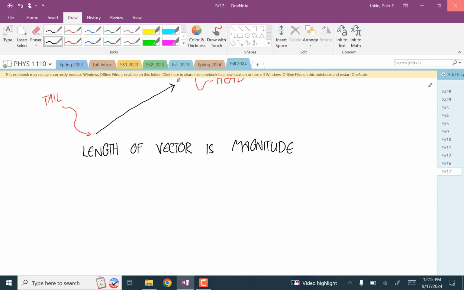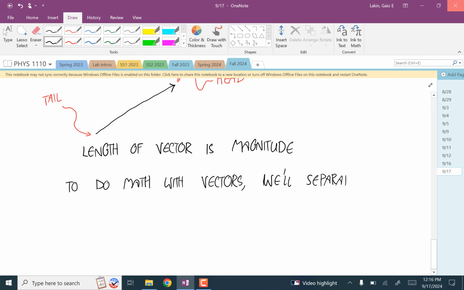To do math with vectors, we'll separate them into components.